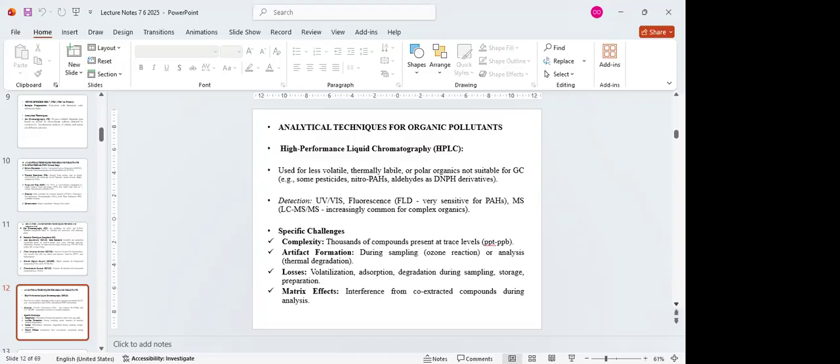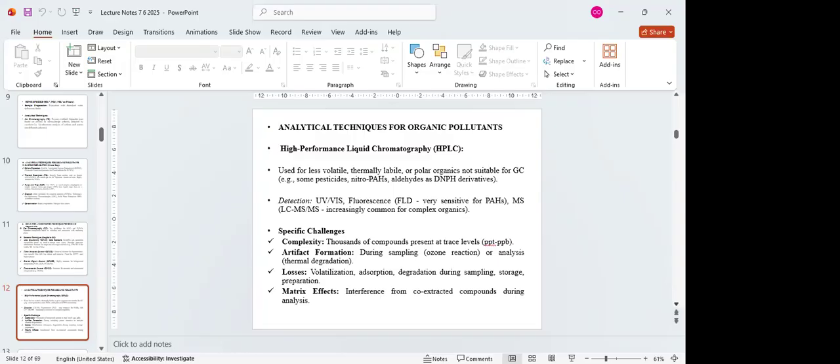So the complexity of these samples with so many compounds creates a challenge for the use of either the HPLC or the LCMS, as the case may be, or even the GCMS. Now, the sample duration is also a problem because there is a retention time for it to be able to read the samples very well.